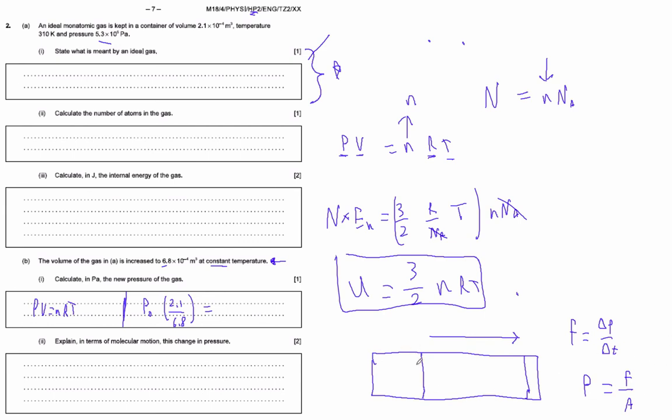Because it's a bigger container, it takes longer to go back and forth, so it strikes the walls less frequently, or the time it takes to strike the walls is a bigger time. So the force is smaller, and since pressure is force over area, is there room to say all that? Seriously, if you're going to prove this analytically, you'd have to say so much. Could you fit it all in there? See what you can do.